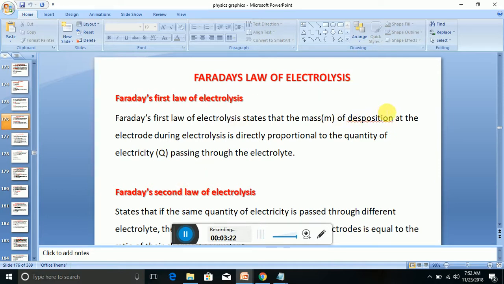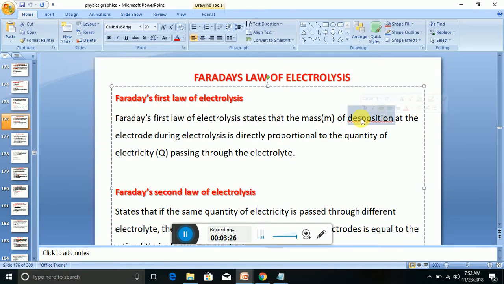Very important. So the mass deposited, or the mass of deposition. When electrolysis is happening, some mass is being deposited at the electrode. So this mass that is being deposited is directly proportional to the quantity of electricity that you are passing through this very electrolyte.